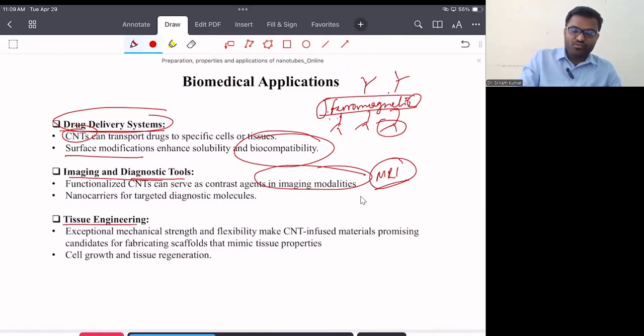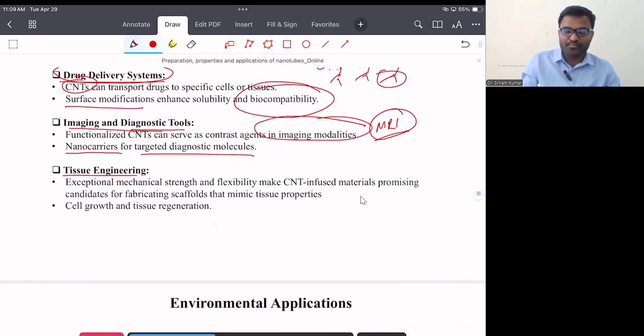And we can also make nanocarriers for targeted diagnostic molecules.